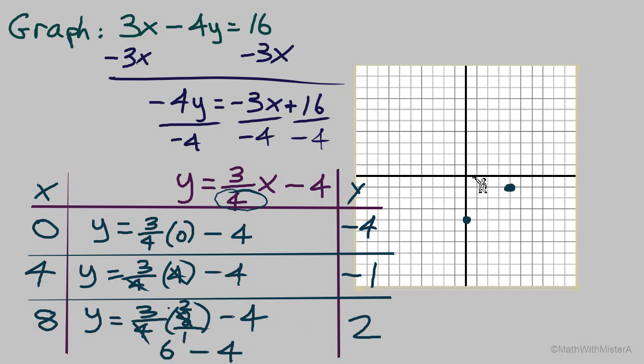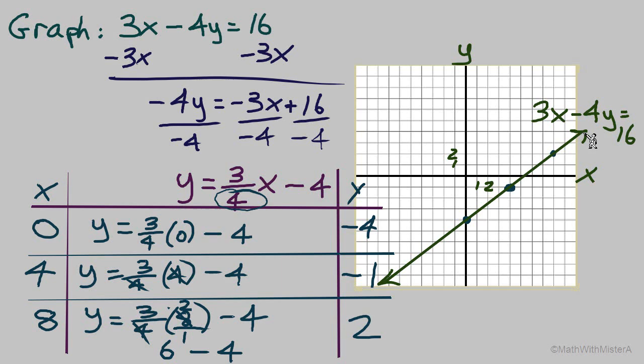So our third ordered pair at 8, 2. The points are lining up nicely, so we're connecting them with the straight line. And there's the graph of our equation. Labeling the axes and our scale, and then writing the equation next to our line as the label. There is the graph of 3x minus 4y equals 16.